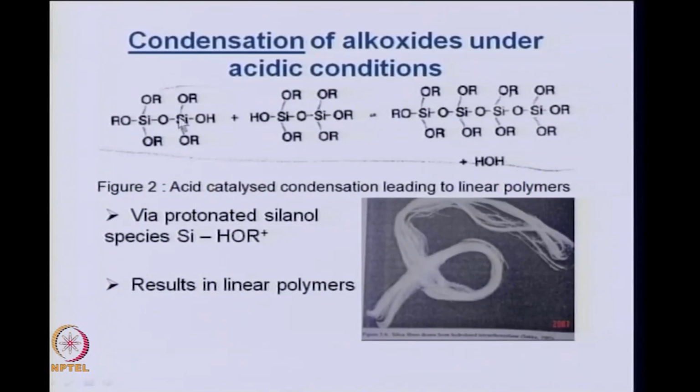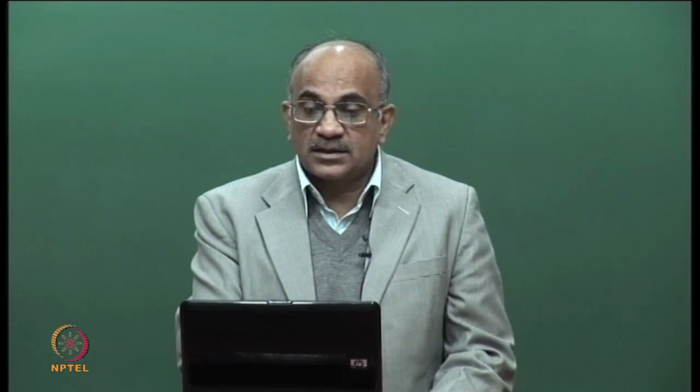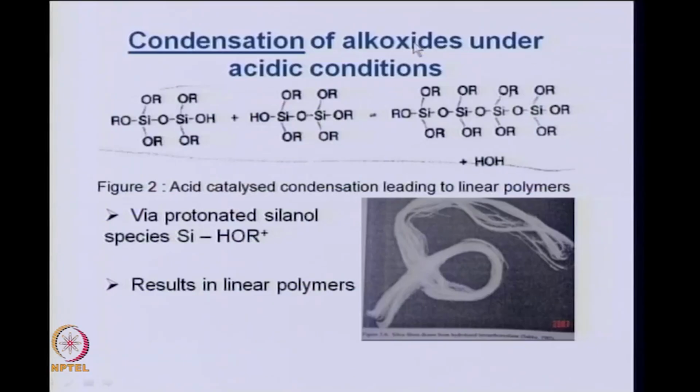When you have condensation of alkoxides, this is the second step. After hydrolysis you have condensation, and when you have condensation of alkoxides under acidic conditions, then you are going to create this SiO-Si linkage, and this will give you a linear kind of polymer.